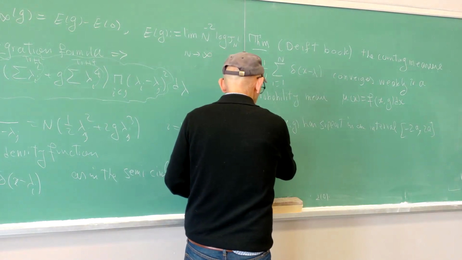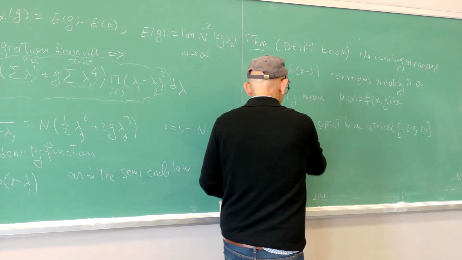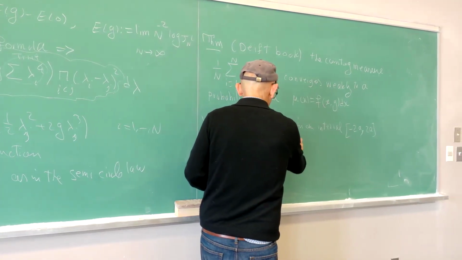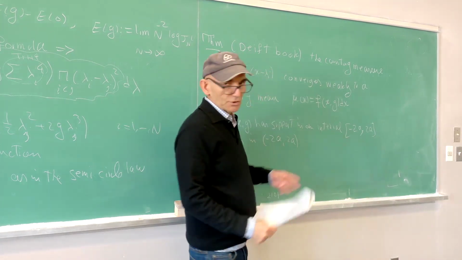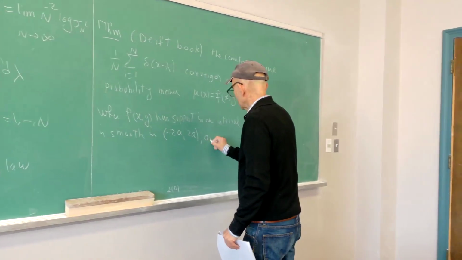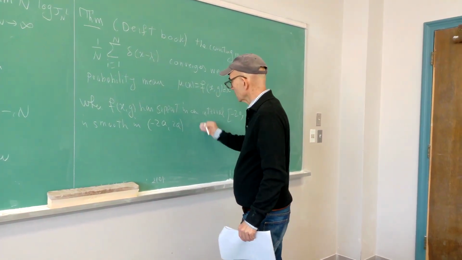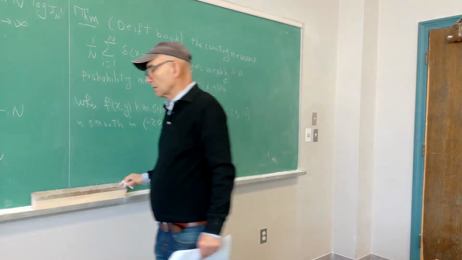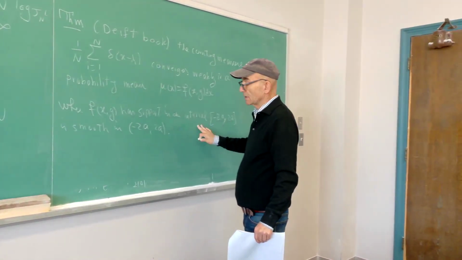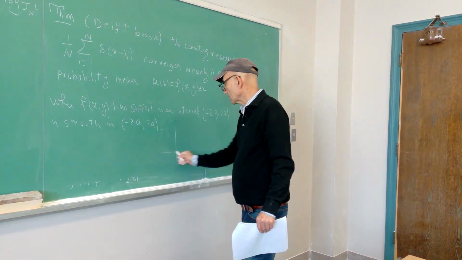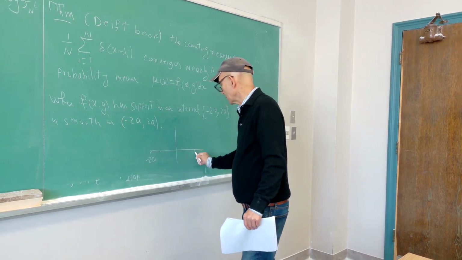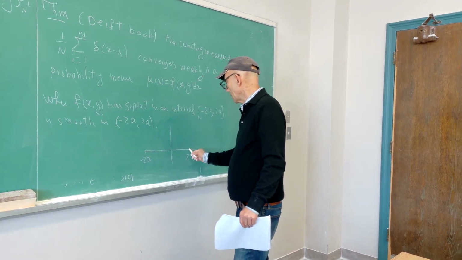This is smooth in minus 2a to 2a and just vanishes at these two endpoints. So basically, it's going to look like this. The support of this limiting measure is a symmetric interval minus 2a, 2a.